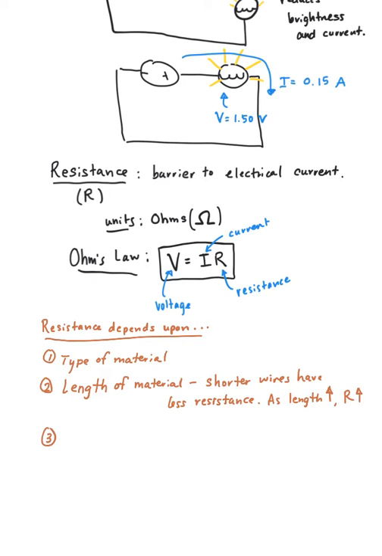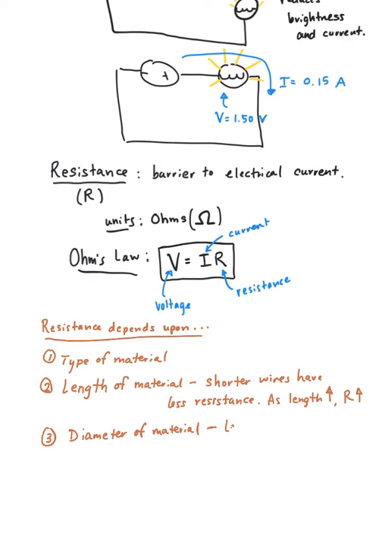Thirdly, the diameter of a material, or say wire that we're using to connect an electrical circuit, impacts resistance. A very narrow wire has high resistance because it limits the path that individual charges can take.